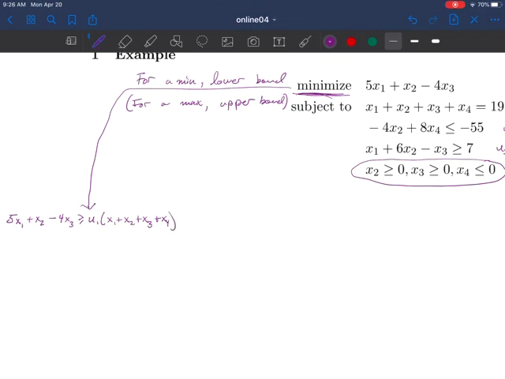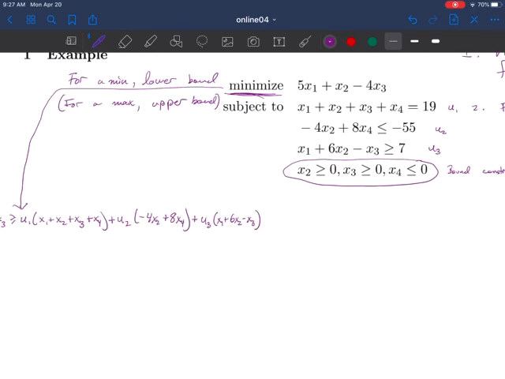So the first left-hand side is U1 times x1 plus x2 plus x3 plus x4, plus u2 times the second left-hand side, which is minus 4x2 plus 8x4, plus the third left-hand side, which is u3 times x1 plus 6x2 minus x3.